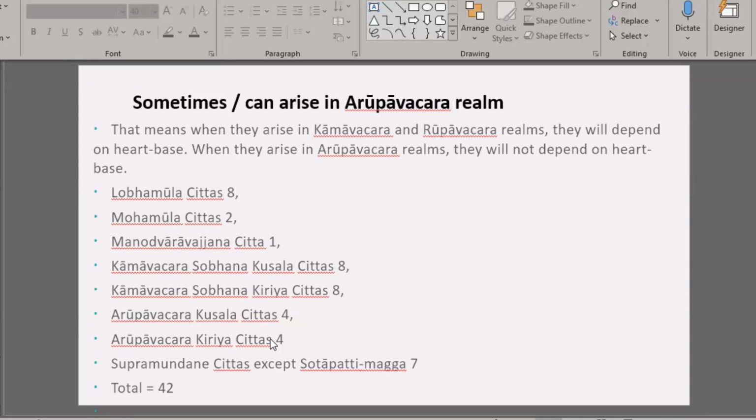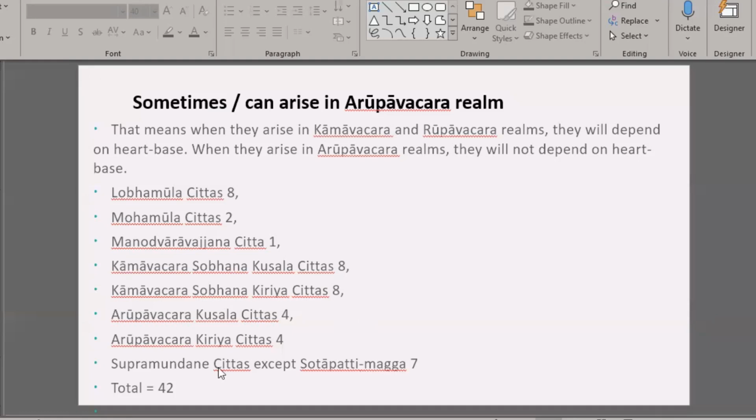Also, as we mentioned, a noble person may be reborn in the Arupavachara realm, then develop insight meditation and attain Arahantship. After that, when they develop Arupavachara jhanas, Arupavachara Kriya Chittas arise for Arupavachara Arahant Brahmas.